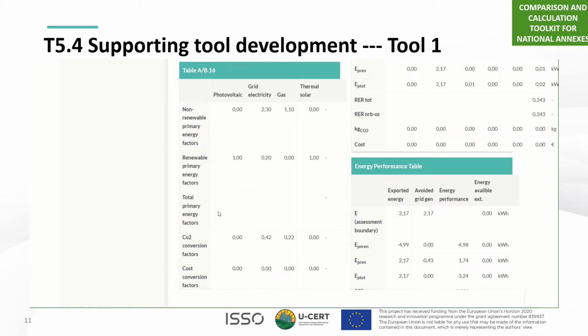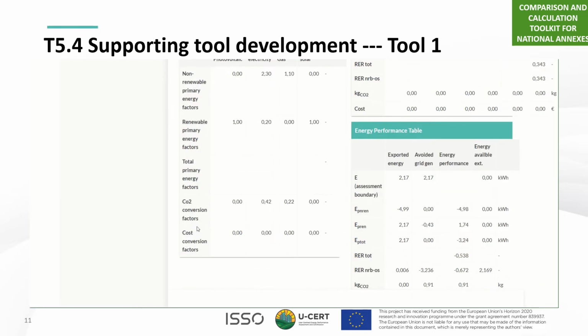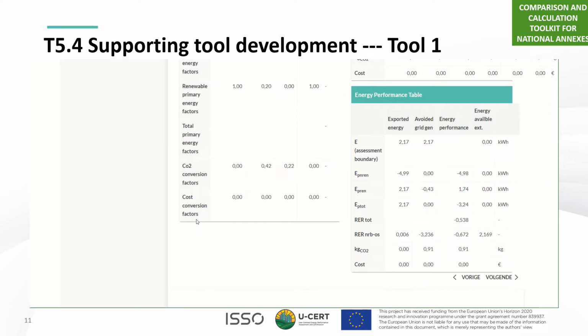The values reported in this table are those selected under the U-CERT project for this type of energy carriers, corresponding respectively to non-renewable primary energy factors, renewable primary energy factors, total primary energy factors, and CO2 and cost conversion factors.